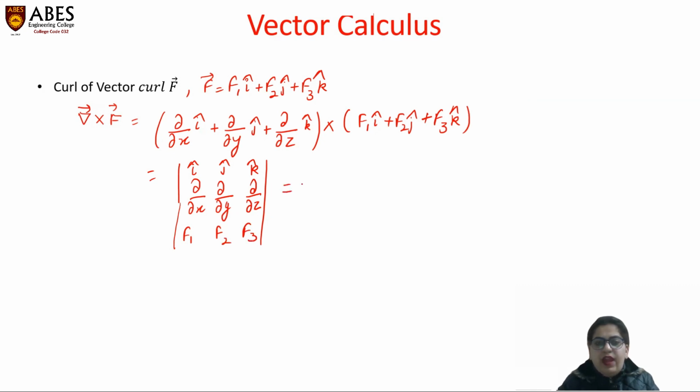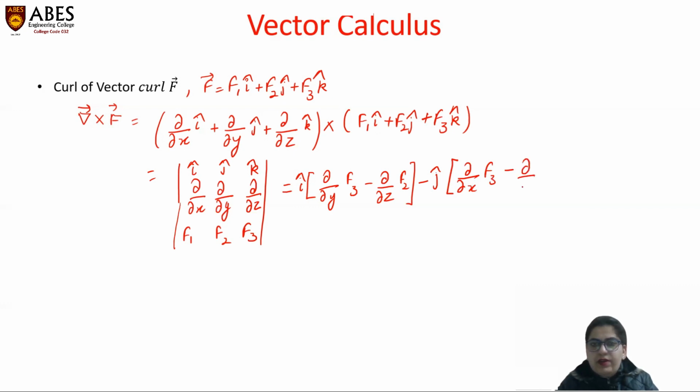We'll be finding the determinant of this matrix, that is i cap times (del over del y f3 minus del over del z f2), minus j cap times (del over del x f3 minus del over del z f1), plus k cap times (del over del x f2 minus del over del y f1).